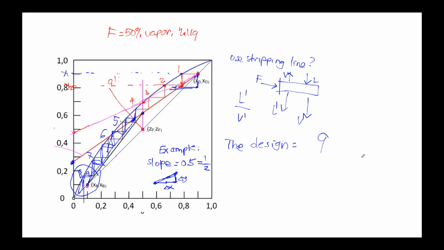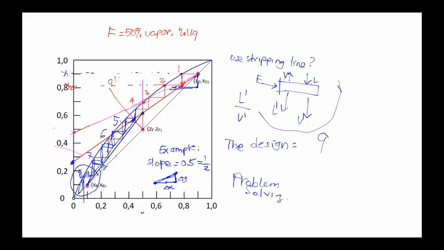Okay. However, if it is a problem solving case, then you can use this one. You need to calculate first what is the L and V, and the feed, and if the feed is changing, then you need to calculate L dash and V dash, and then find the slope.